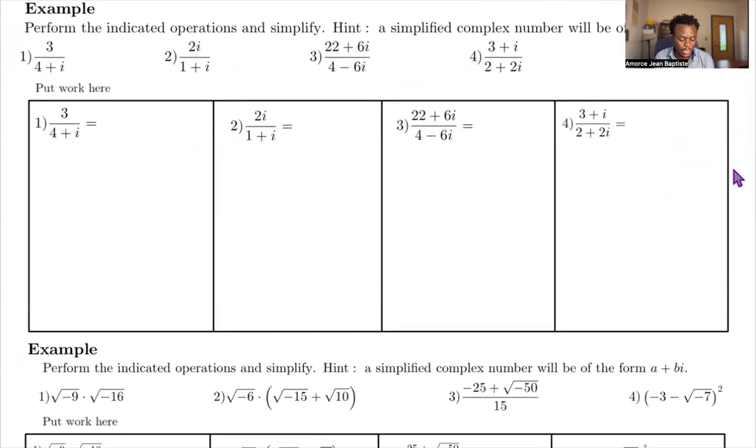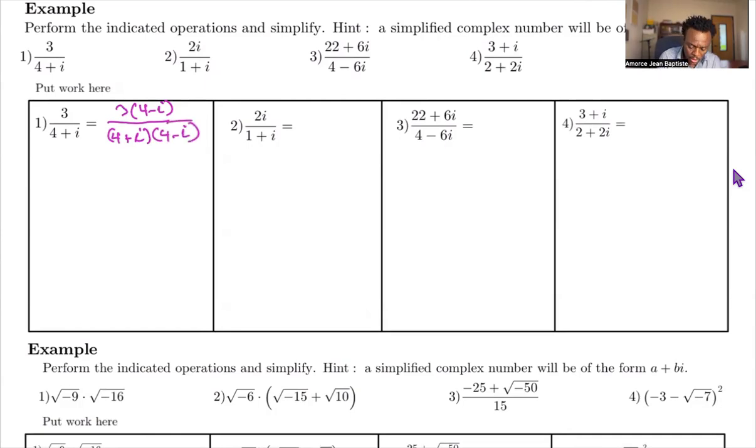The first example here is 3 over 4 plus i. So we would multiply the 3 by the conjugate 4 minus i, and then multiply 4 plus i times 4 minus i.